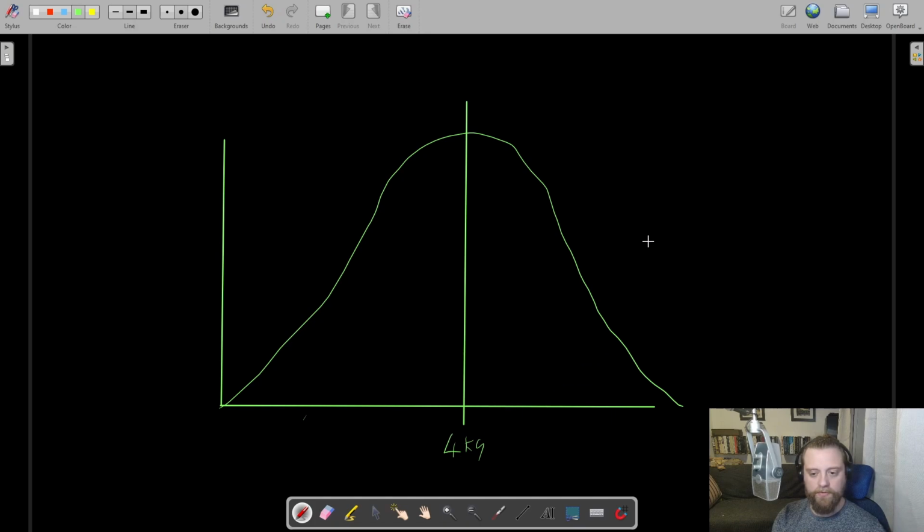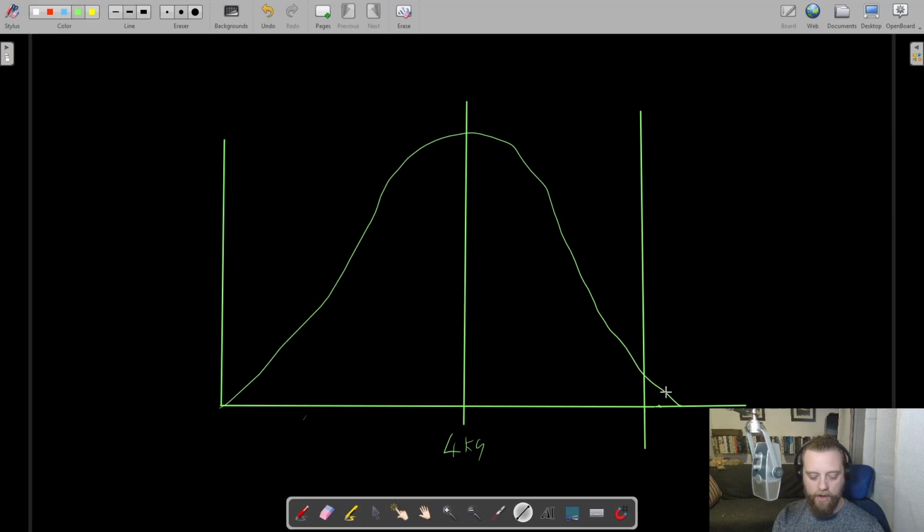So the question was, how much of this distribution is contained by possible values more than 4.75? And the answer that we got was that it was a very small amount of this distribution.